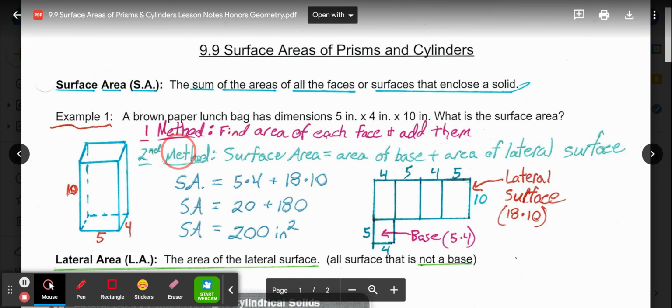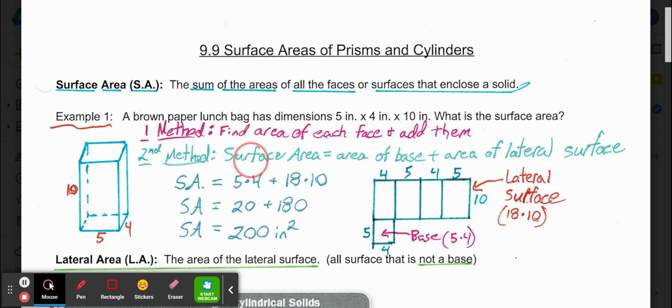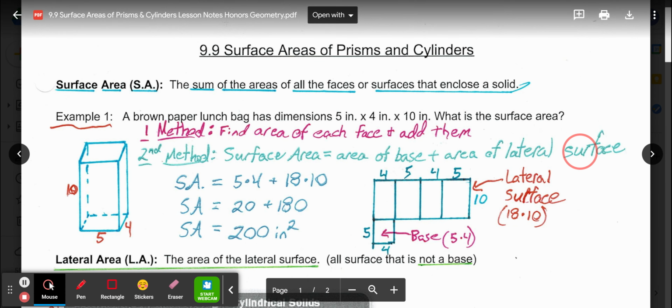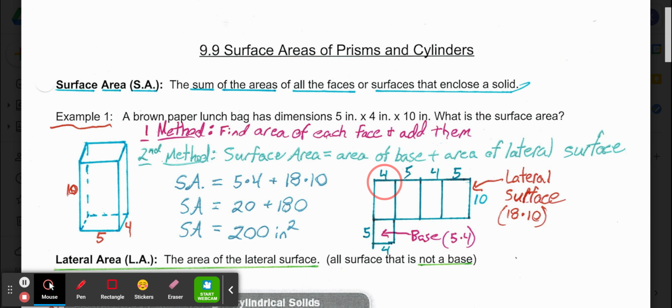A second method would be to use this formula. We could think of the surface area being the area of the base plus the area of the overall lateral surface. And our overall lateral surface we could find if we drew out the net.